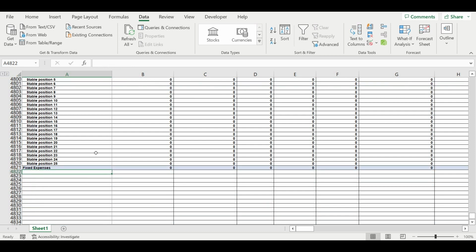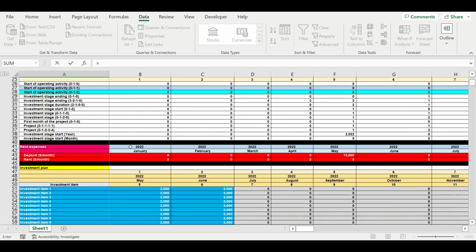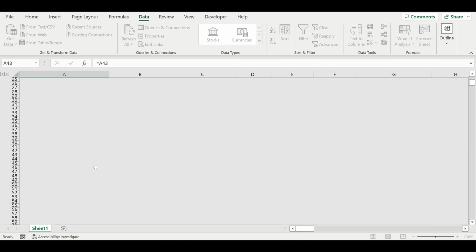Fixed expenses: we are going up and moving from top to bottom. So here we will place rent expenses, deposit and rent payments.